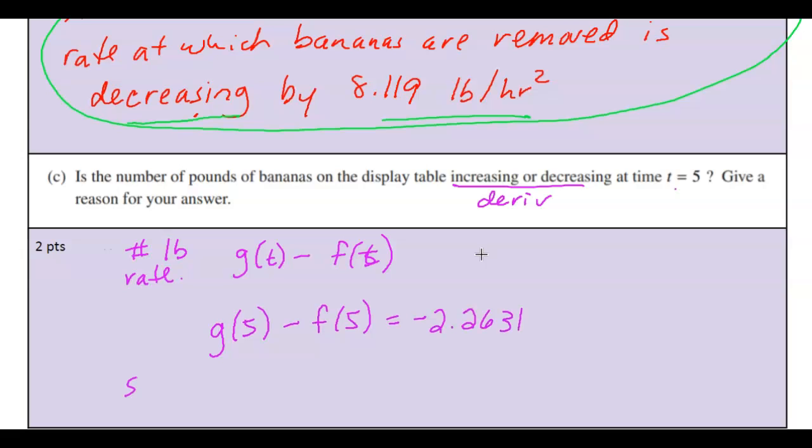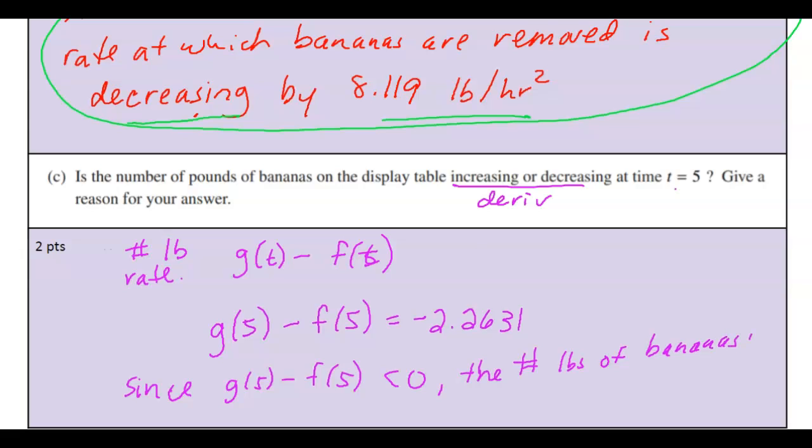So since g of 5 minus f of 5 is negative, or less than 0, the number of pounds of bananas is decreasing, because that already is a derivative at t equals 5. And that's all they want.